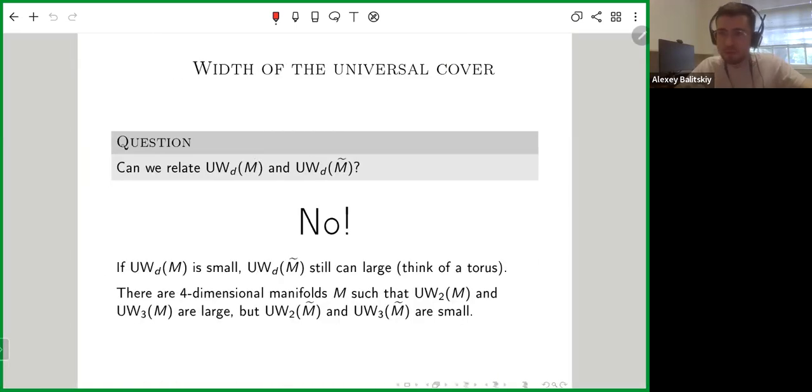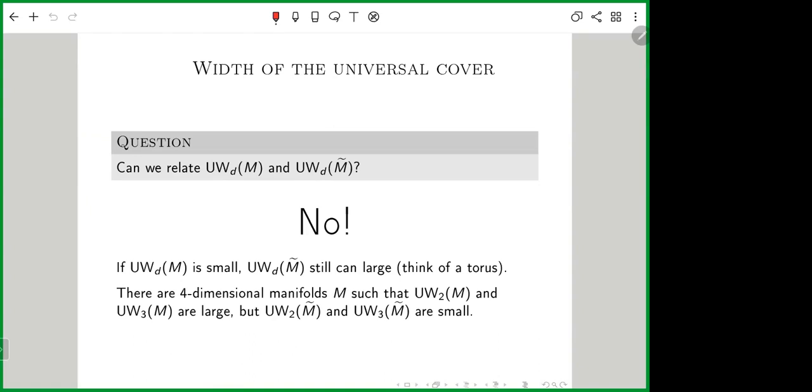So for any arbitrarily small epsilon and arbitrarily large R, you can find 4-dimensional manifolds such that the width of M is greater than R, but the width of M tilde is less than epsilon. Oh, okay, thank you.